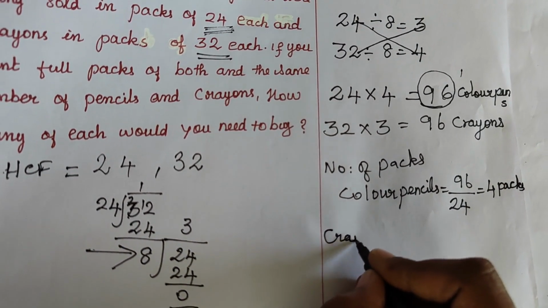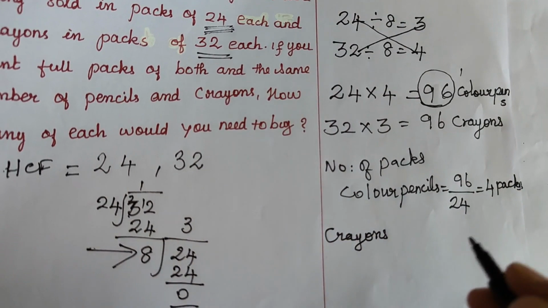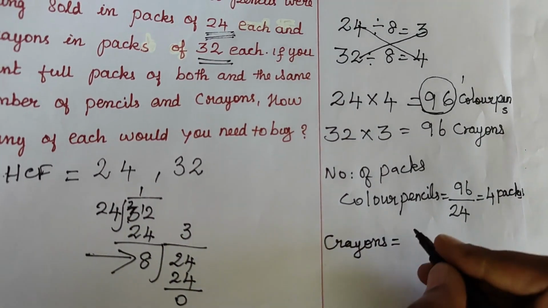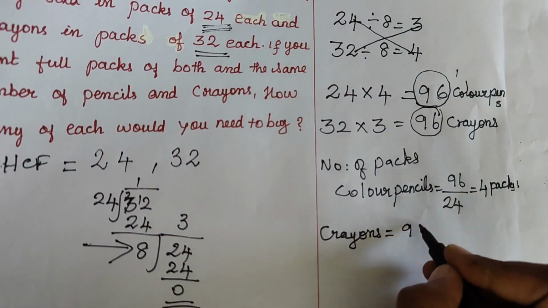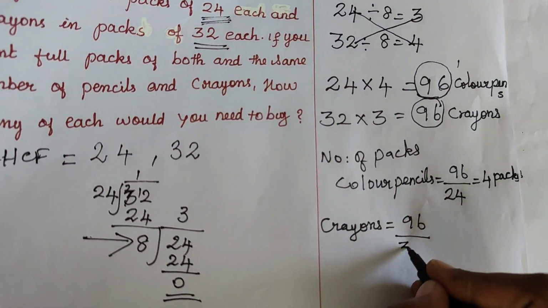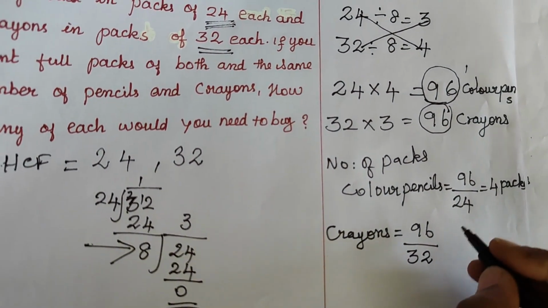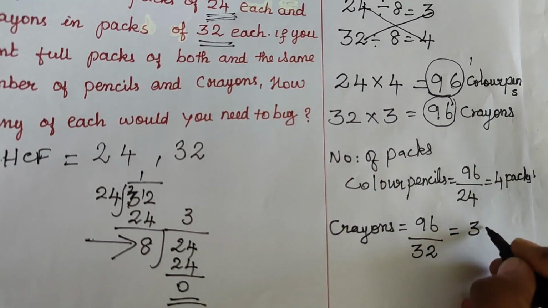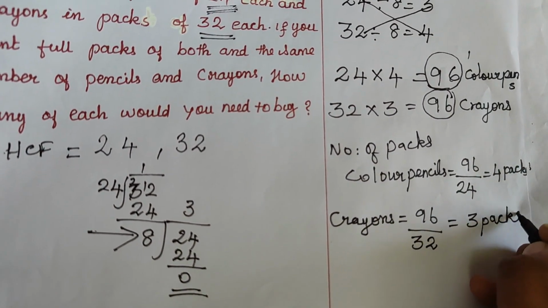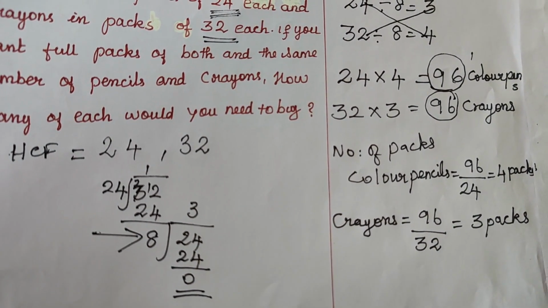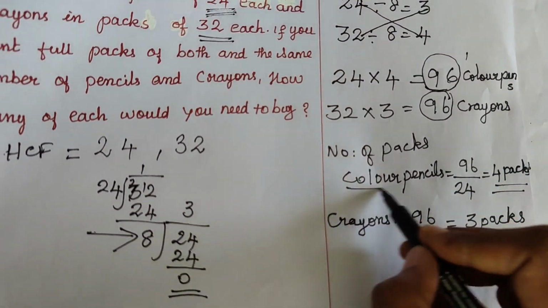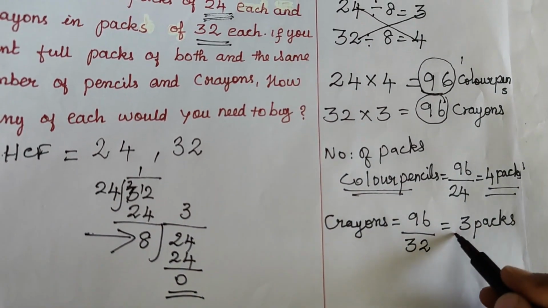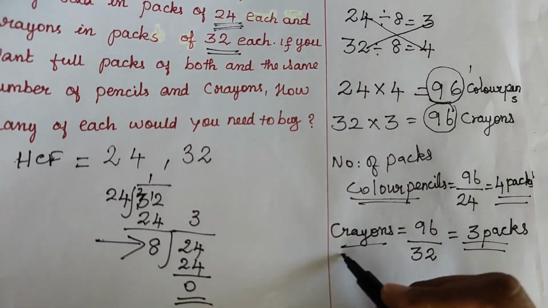And crayons: we need the same number of crayons. So 96 divided by 32, the number of crayons in each pack, is 3 packs. So to make it an equal number, we must purchase 4 packs of color pencils and 3 packs of crayons.